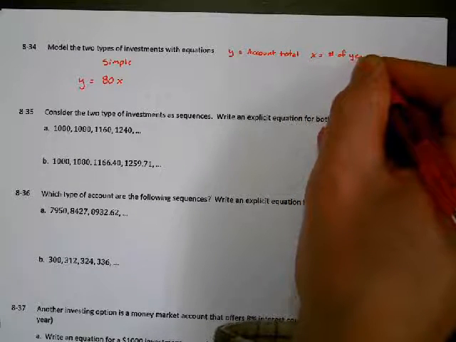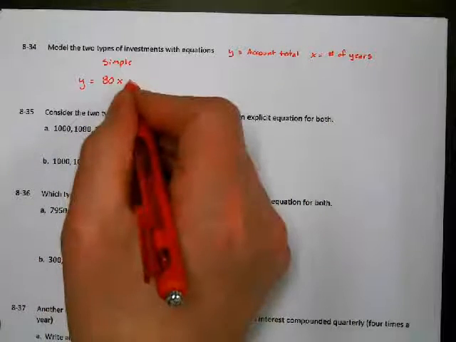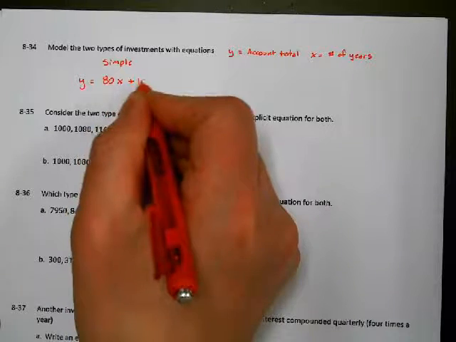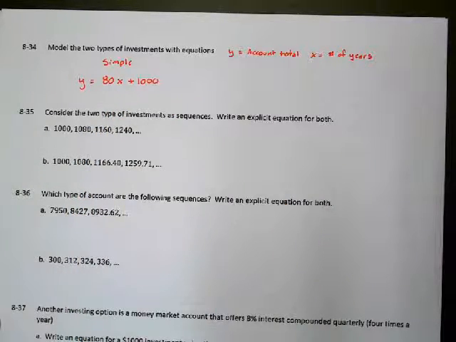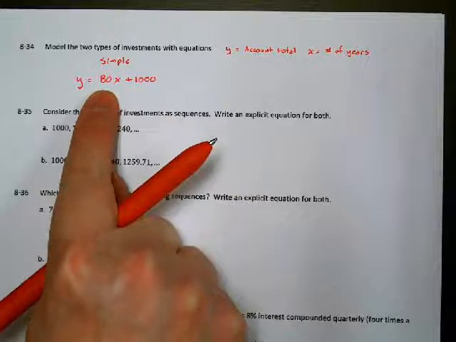So $80 every year, and then plus the $1,000 initial value. So this is my y-intercept, and then the slope is increasing by 80 each year.